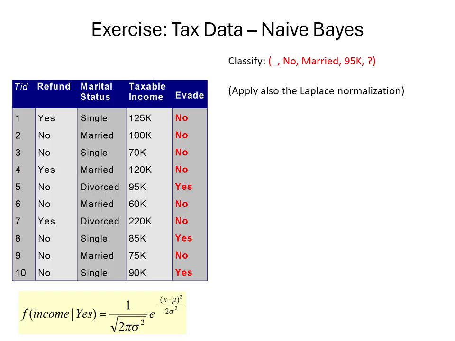So in this example, when we compute the probabilities of discrete attributes, we can apply Laplace normalization. And you already know how to do that. So once you finish the exercise and compute the probabilities of this person evading taxes versus not evading taxes, then you can go to the next slides and compare your solutions to the one posted here.